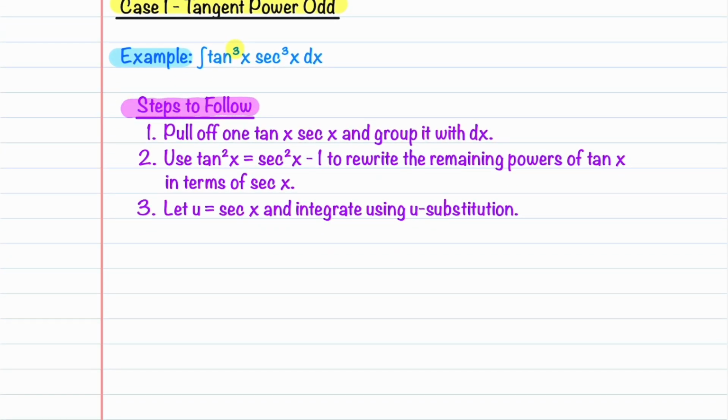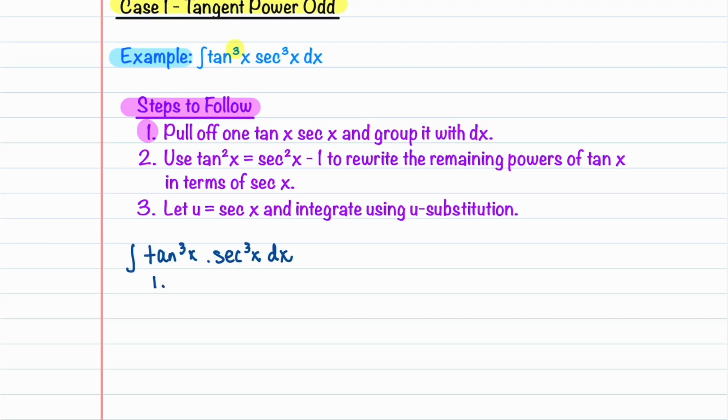I've written down some steps that we can follow, and we'll work through these one by one as we walk through this example. Step 1 is to pull off one tangent x secant x and group it with dx. We'll do this, and then I'll show you exactly why we're doing this. We have the integral of tangent cubed x times secant cubed x dx.